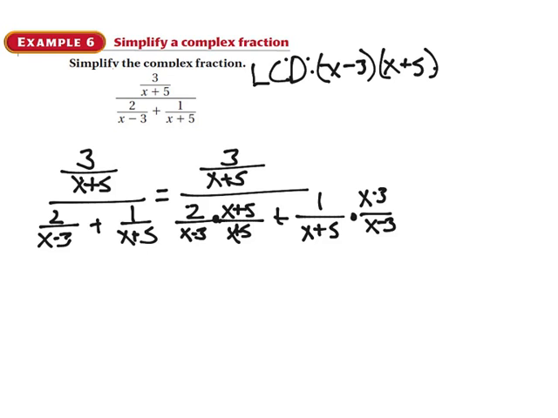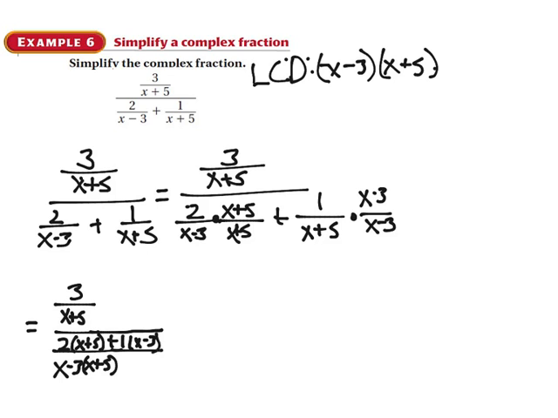Then I'm left with 3 over x plus 5. Here I'm going to get 2 times x plus 5 over x minus 3 times x plus 5. And then this is actually going to be plus, and then it's just 1 times x minus 3.